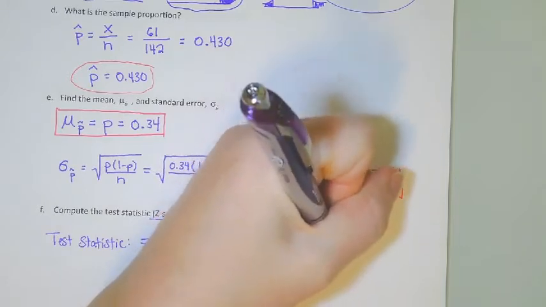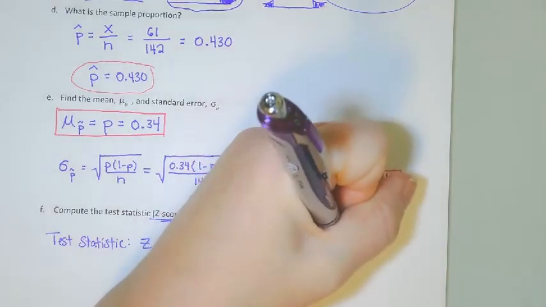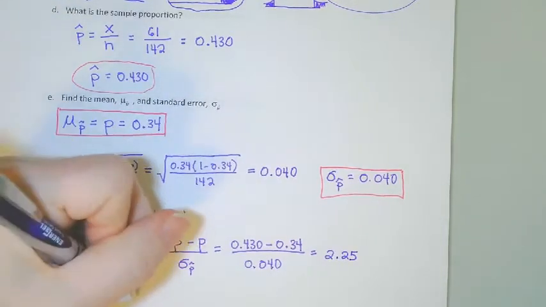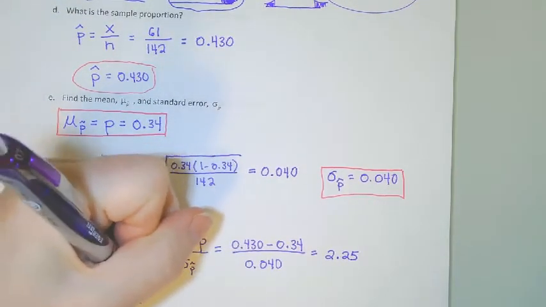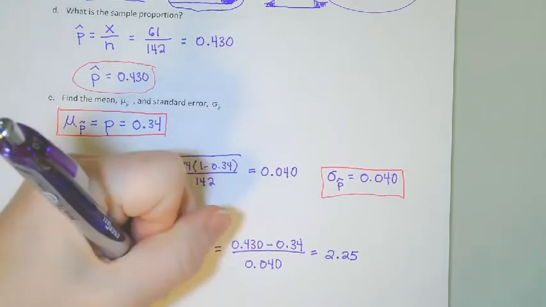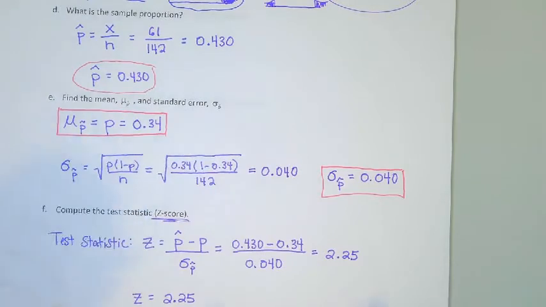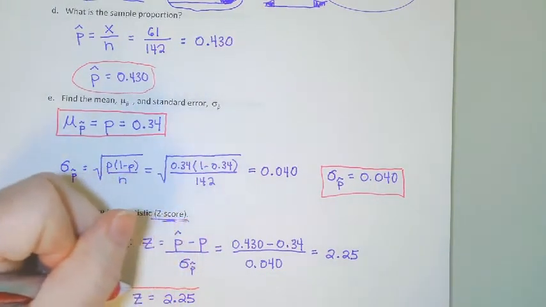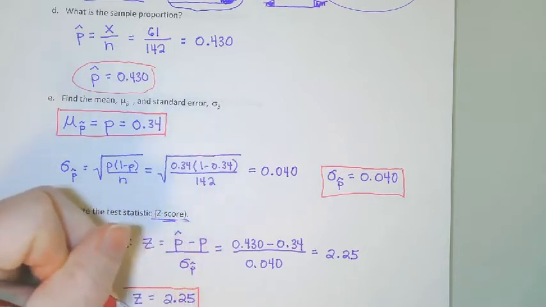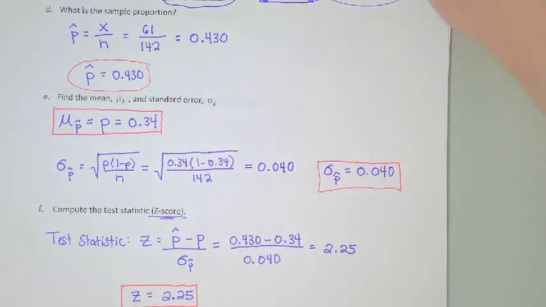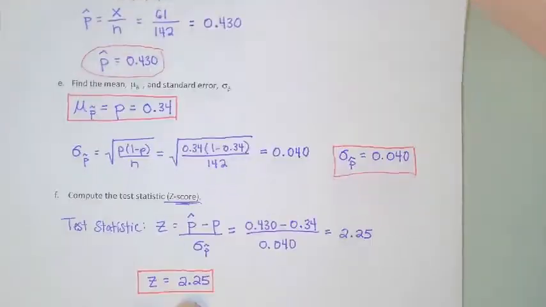So after typing that into the calculator, I get a z-score of 2.25. So that's telling us the z-score of our sample proportion. So this is telling us it's about 2.25 standard errors above the mean.